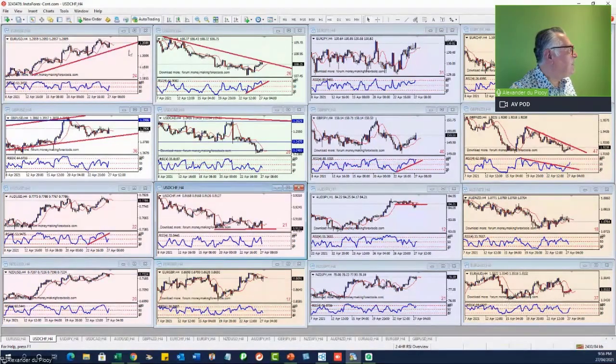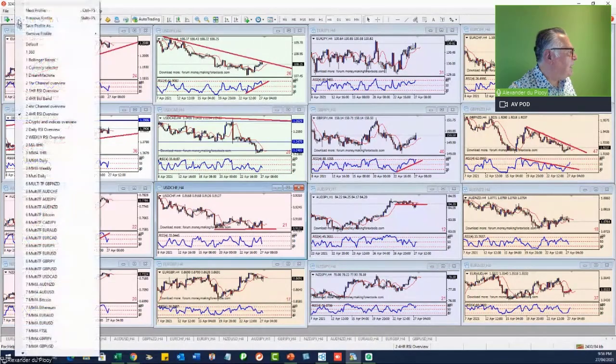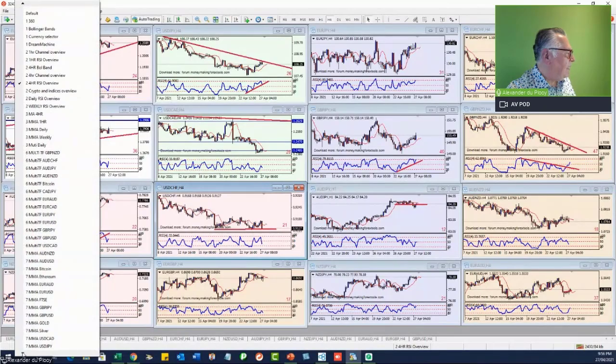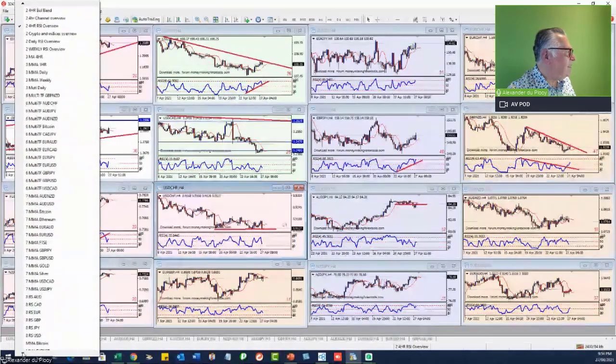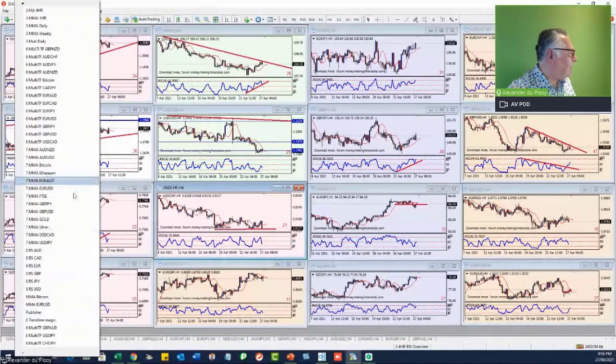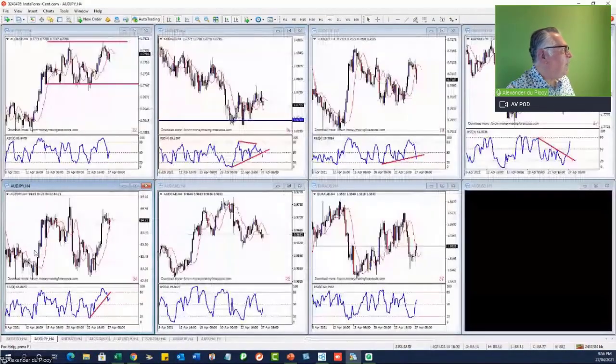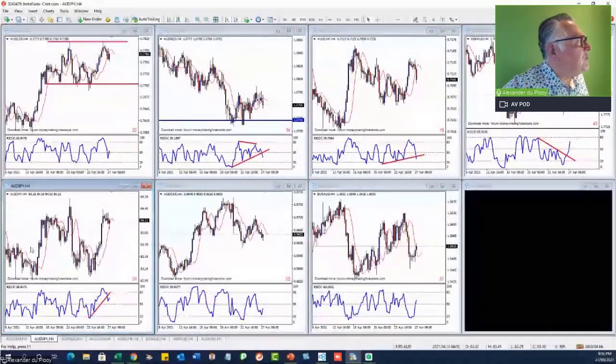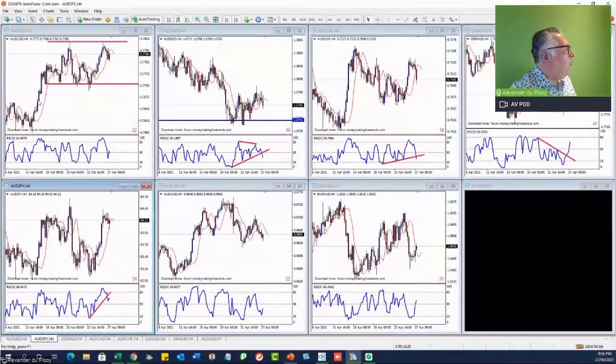So what I'm going to do is go straight into the relative strength charts. There's nothing really stunning there, but the relative strength chart will give us more of a picture. How the relative strength charts work is that I have all the crosses of the Aussie, for instance, in this particular case, on one profile.